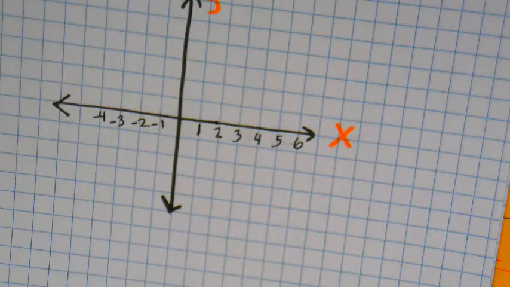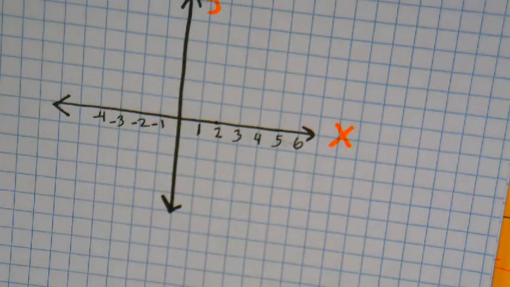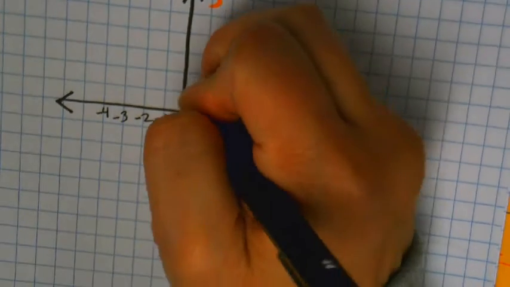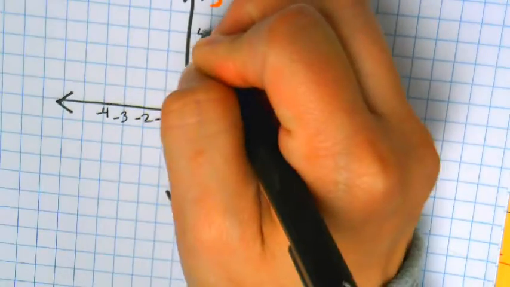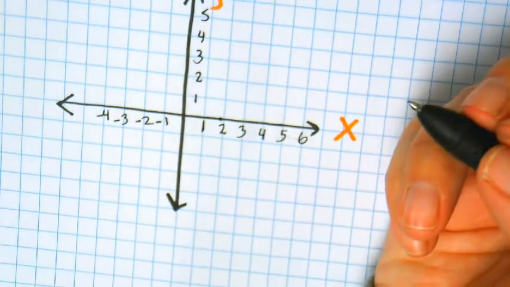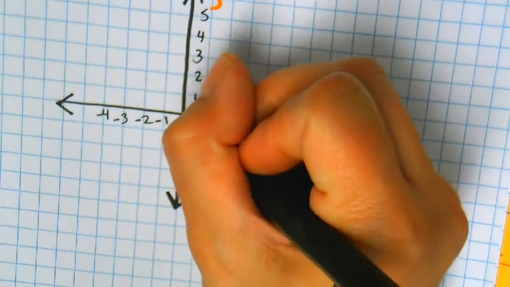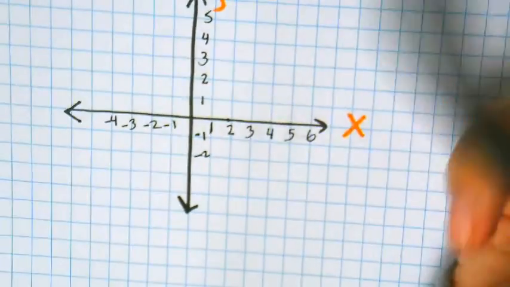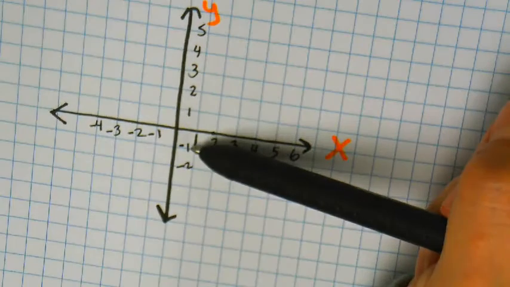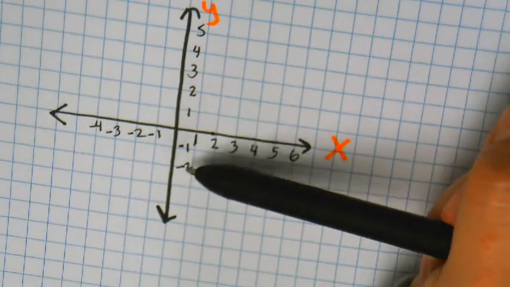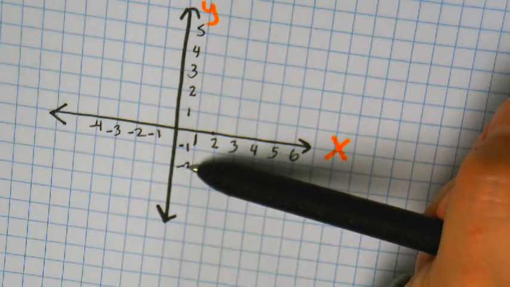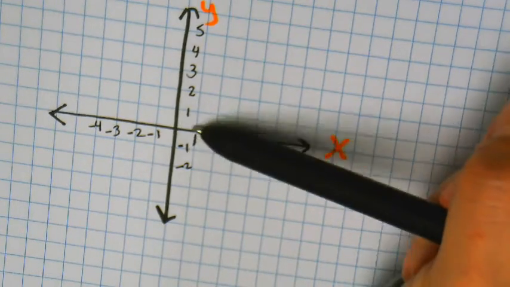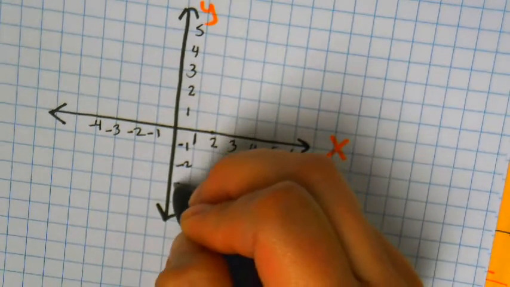And then if I go up on the Y, they are positives. And if you go down on the Y, negatives. And sometimes kids accidentally skip this first one. They skip this one, they make this one -1. No, don't. It's kind of a little squeeze in there, so be careful.